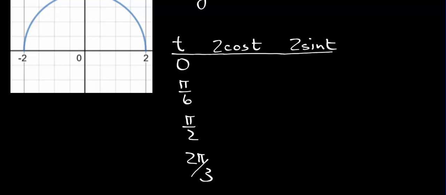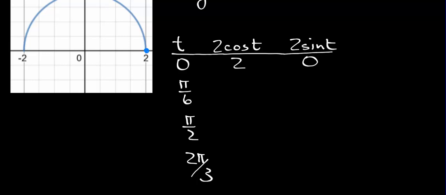Now, if I put in a 0 for t, I get an x-coordinate of 2. And when I put in a 0 for t over here for sine, I get a 0 because the sine of 0 is 0. So we get this point right here. That's the very first point on our journey around this half circle.